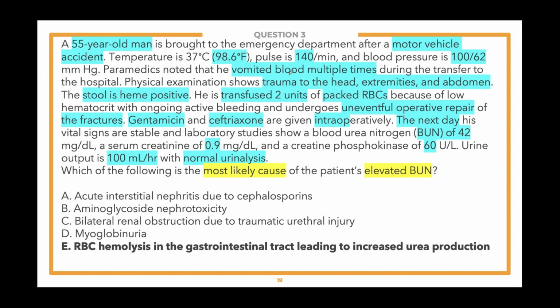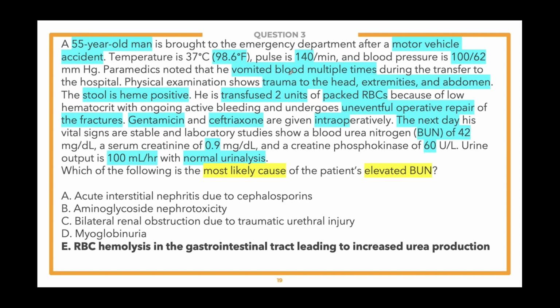So the other answer choices here, myoglobin urea, that is something to think about in a trauma patient. But we would see an elevated creatine phosphokinase, which is actually normal in this patient. And we were also told that the urinalysis was normal. That would not be the case.